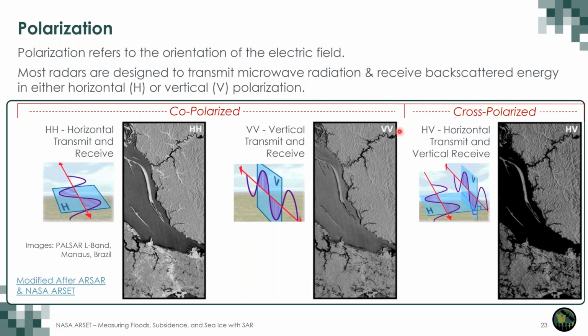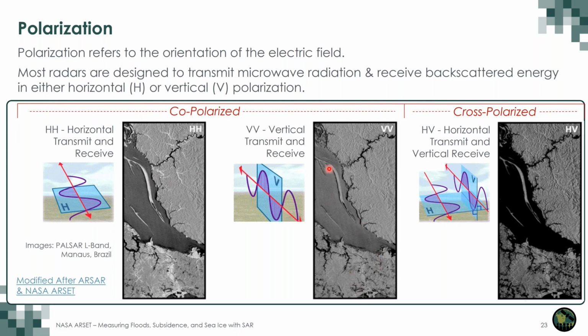In the middle, you see a data set acquired over the same area, now in vertical polarization. So here we have transmitted a signal in this up and down vertical oscillation and received signal in that same polarization. And if you compare those two data sets to each other, you can see some differences.